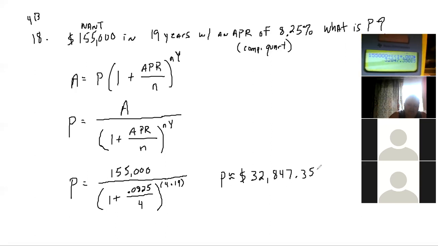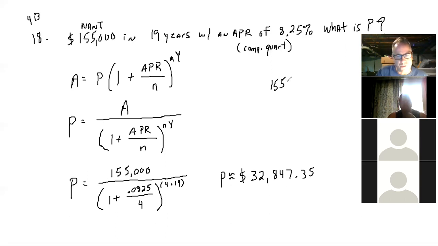You can see the 155,000 divided by, but then two sets of parentheses. There's a lot going on there, so you can't see the rest of what I typed. So I'm going to write out exactly how I type this into the calculator.